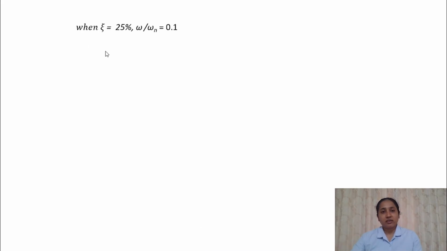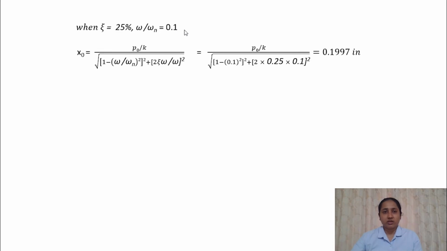So now we will calculate what happens when the springs are replaced by rubber isolators. When rubber isolators are kept, you get a damping of 25%, and the frequency ratio does not change, it's the same 0.1. So we know that the amplitude is expressed like this when damping is present.